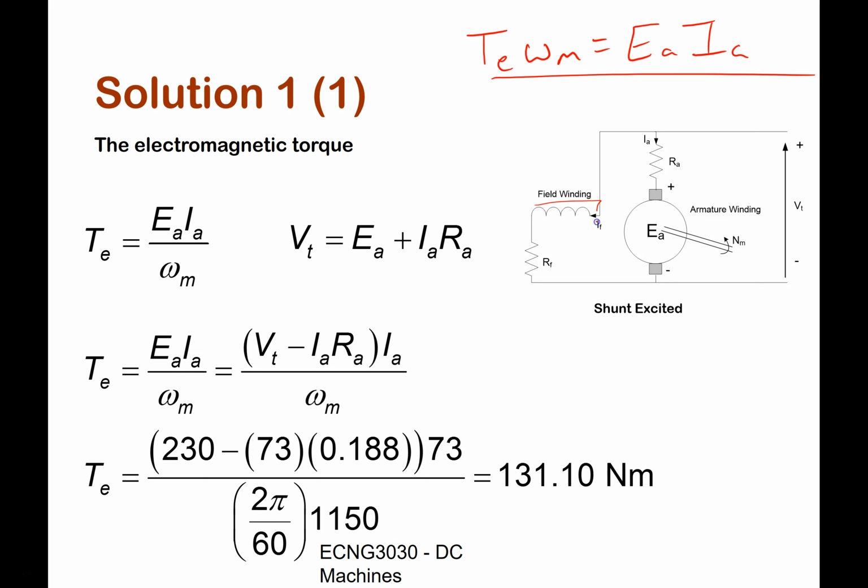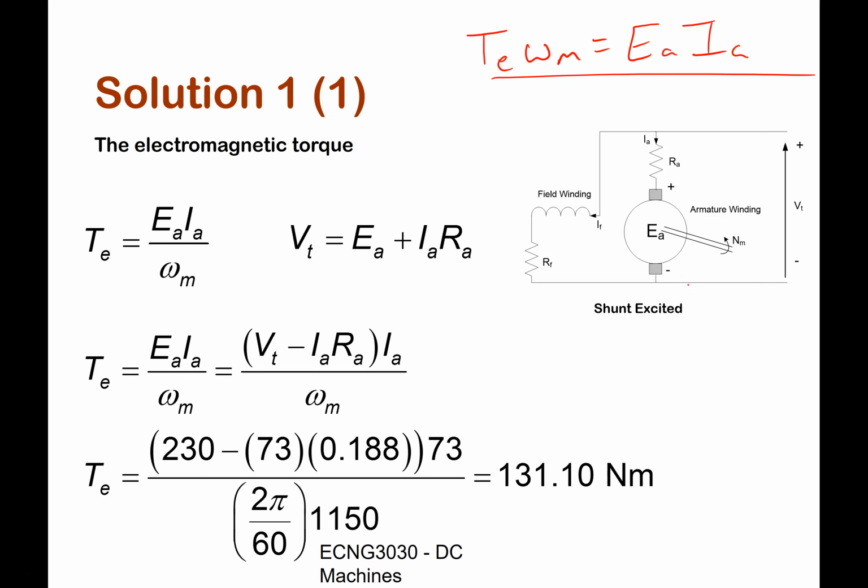The coil here has no meaning in the circuit. I just put it in so that you could see it's a winding, but the only important thing is the resistance here, RF. And we have in the shunt configuration, so in parallel, we have the armature resistance and the motor, the EA, the back EMF.